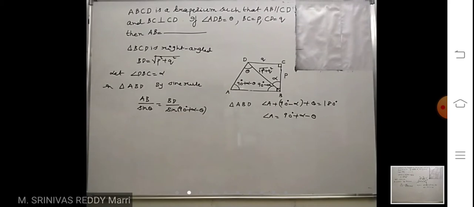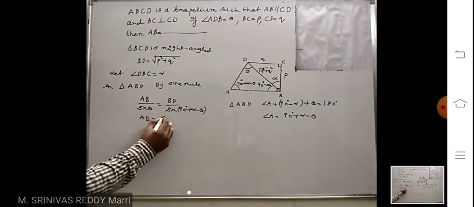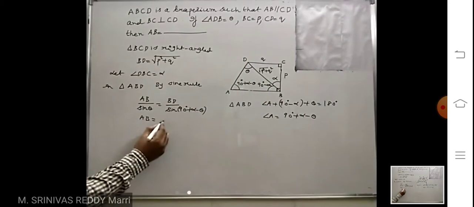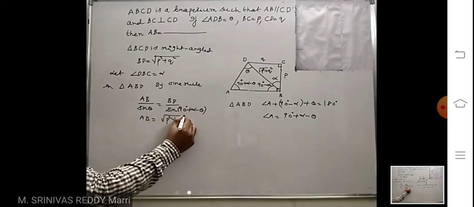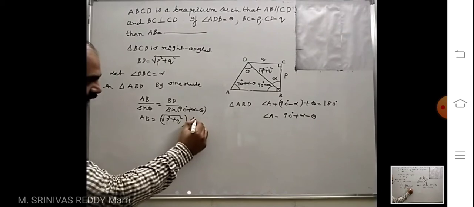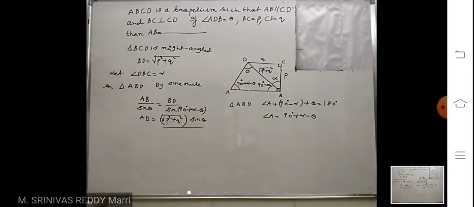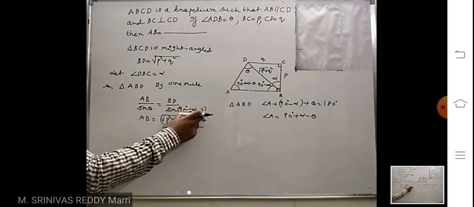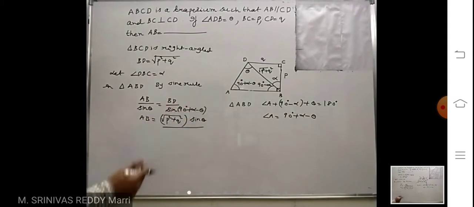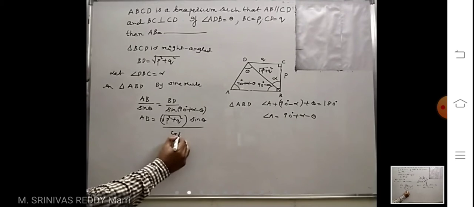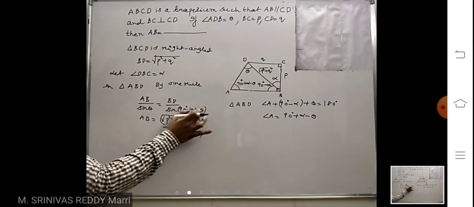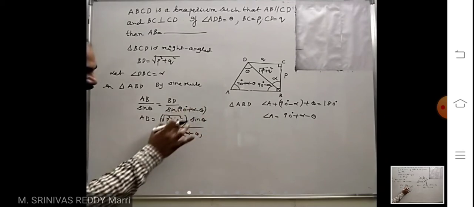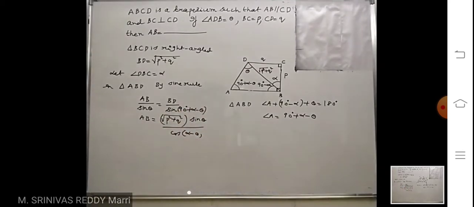Now look here. BD also you know, therefore AB equals BD, which you know already. BD is root of P square plus Q square, into sine theta, divided by sine of 90 plus A. This alpha minus theta is A. Sine of 90 plus A is nothing but cos A, cos of alpha minus theta.